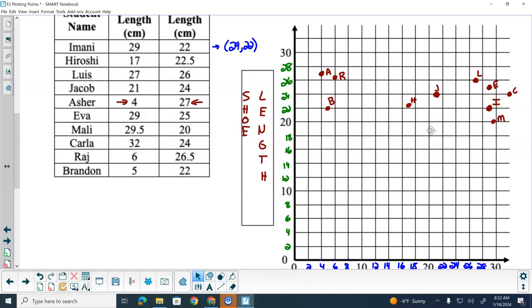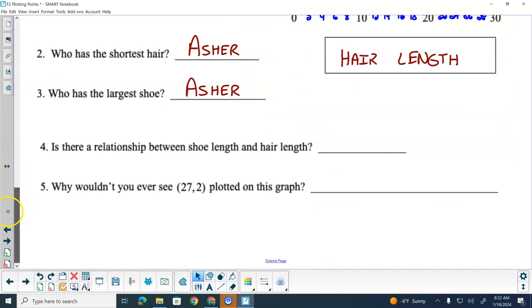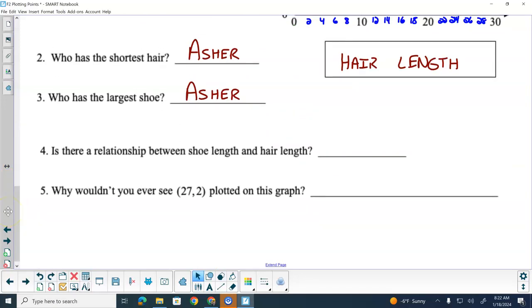I personally would say that there is a relationship because they're all pretty tight to that line. So I would say that there is. But that's just me.